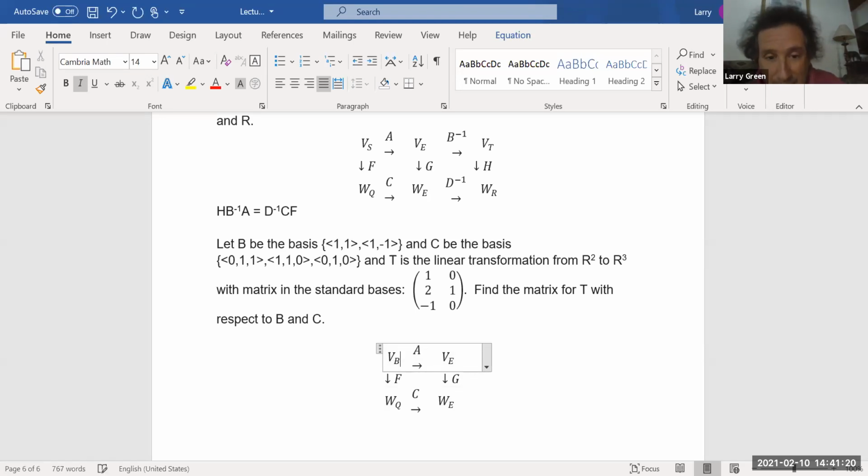So we have a basis B and the basis E. Then we're going to have the basis C and the basis E. And then let's give them letters. I haven't used A yet. I've used B and C already. Let's call that D. And F and G are fine.